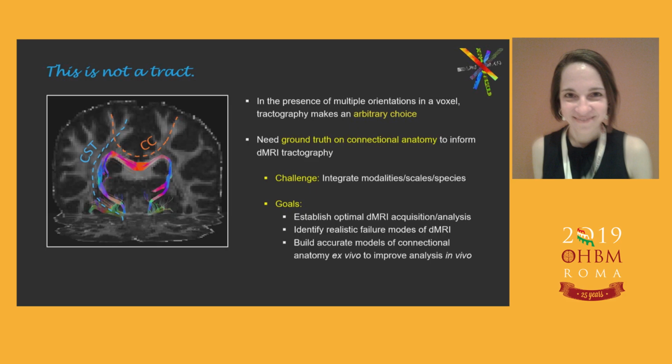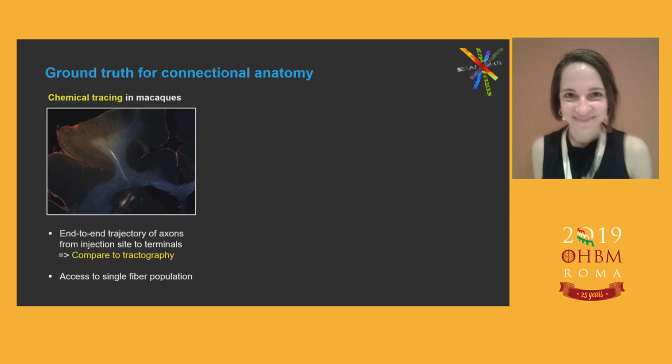And last but not least, it would allow us to build accurate models of connectional anatomy from the ex vivo data that this ground truth typically comes from, that we can then use to improve analysis of in vivo data, which is what most people in here are interested in. And I'm going to show some preliminary results for how we're tackling each of these points.